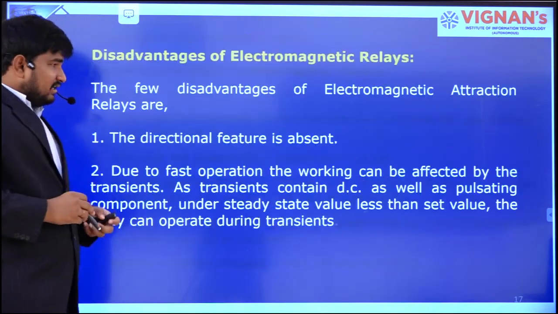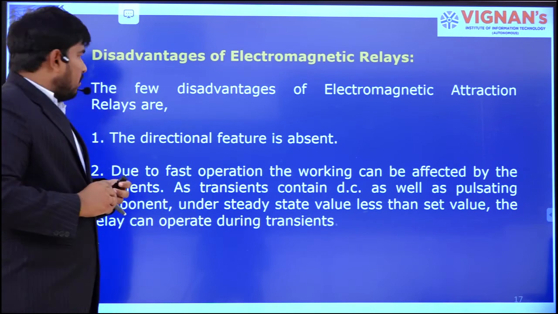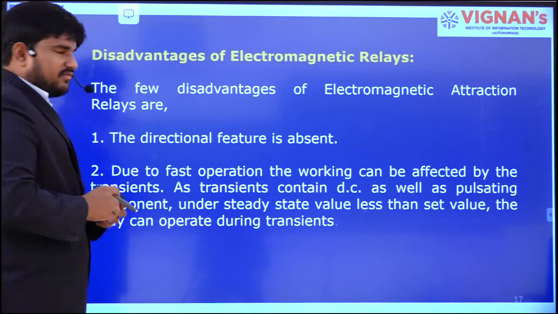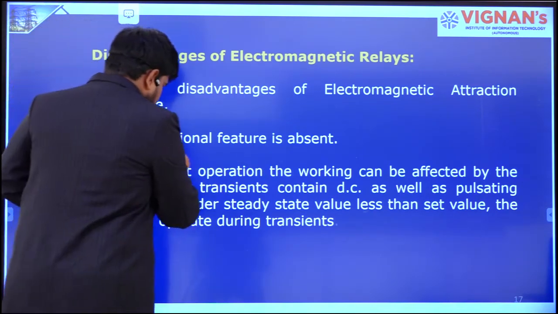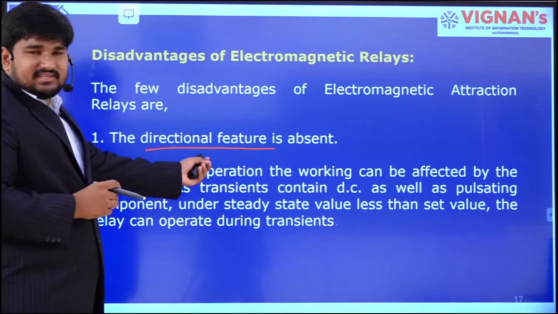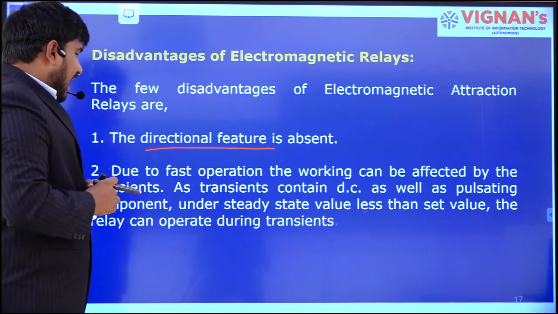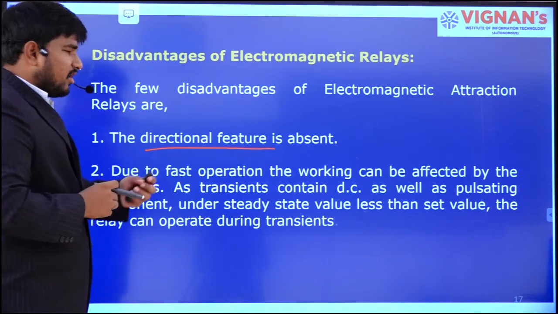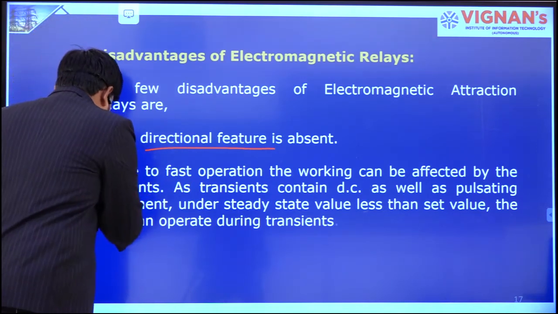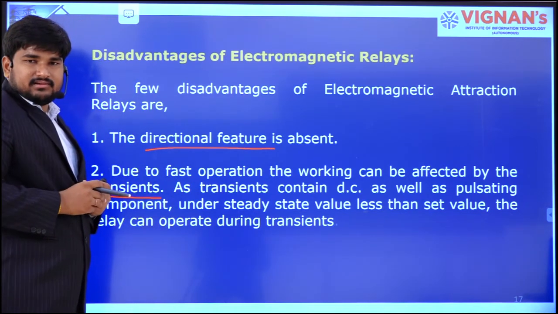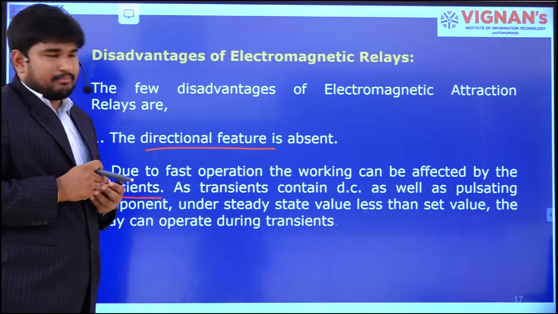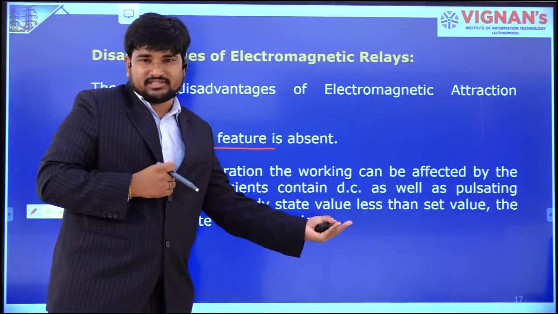Now let us see the disadvantages as well. In case of electromagnetic attraction type relays, there is an absence of directional property. So this is one of the disadvantages. And the second one is, due to faster operation, the working can be affected by transients. There may be production of dampings as well because of faster operation.